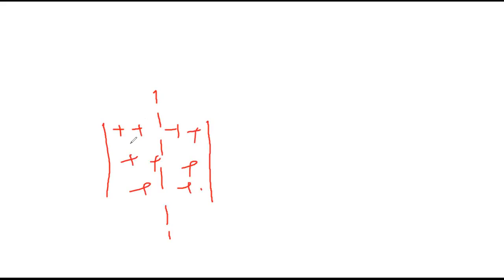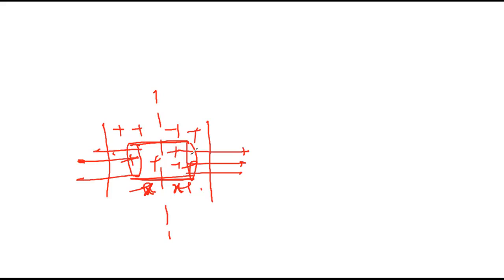So if I again consider a Gaussian cylinder of length x on either side of axis, intensity will be this way, directed outward because it is positive charge. So this is E directed outward from both sides.